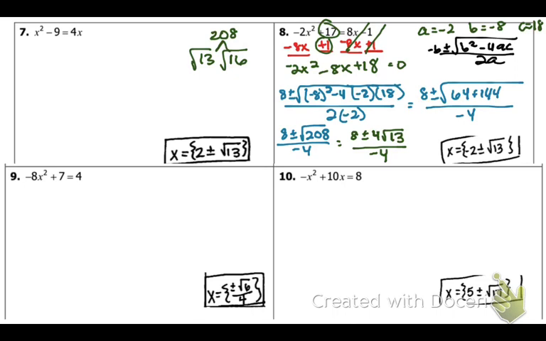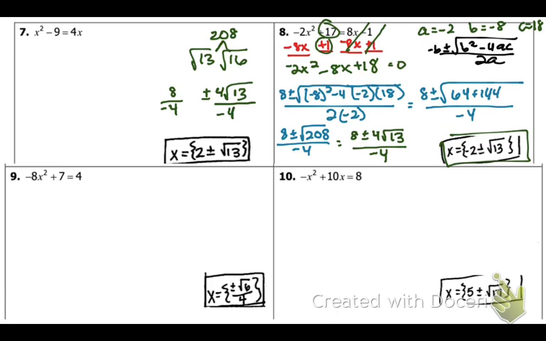So that's what we have so far. Notice how it does not look like what we have here. And that's okay. So now you're going to have to simplify this. Okay? So write it out separately. So I'm going to have our 8 over negative 4, and then plus or minus the 4 square root of 13 over negative 4.